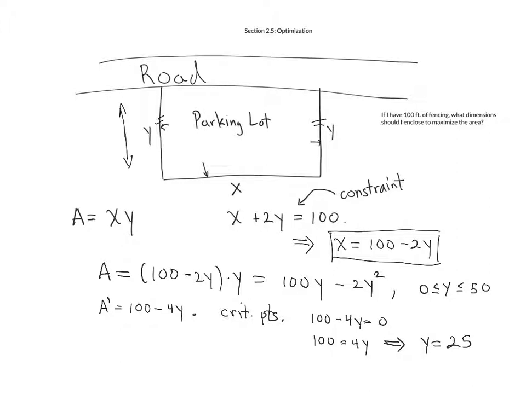So if you remember, when you're trying to find an absolute maximum, the candidates for the value of y that corresponds to the absolute maximum are the critical points. 25 is one candidate, and the endpoints of the interval where you're looking for the absolute maximum, which in this case are 0 and 50. So these are candidates.